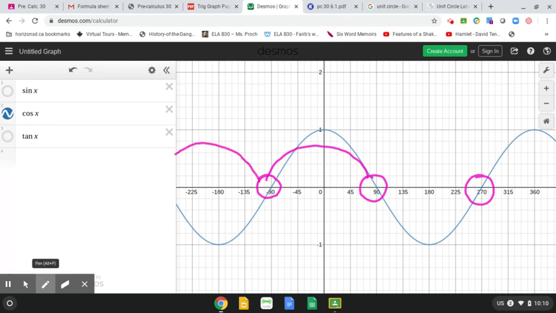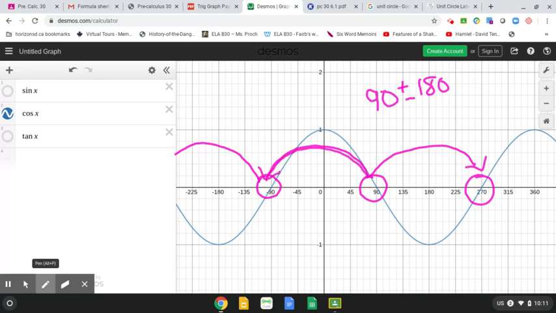You need to figure out, because that's happening periodically, if I'm taking 90 degrees and plussing or minusing, what am I adding to 90 to get 270? 180. Good. And to go from 90 to negative 90, what am I subtracting?